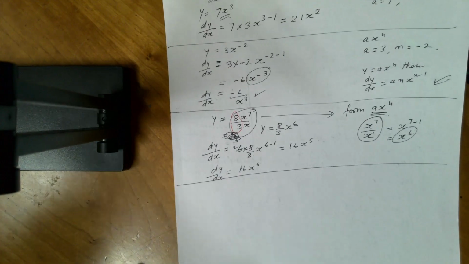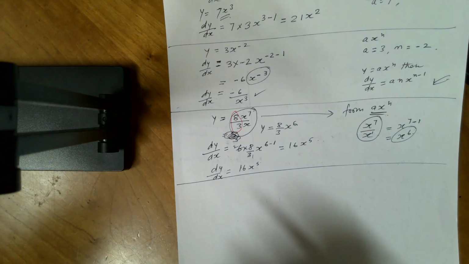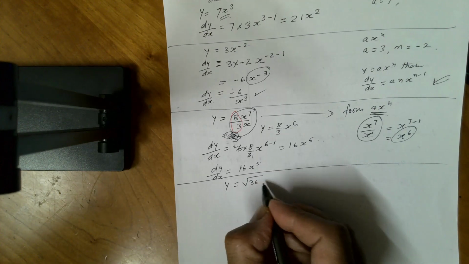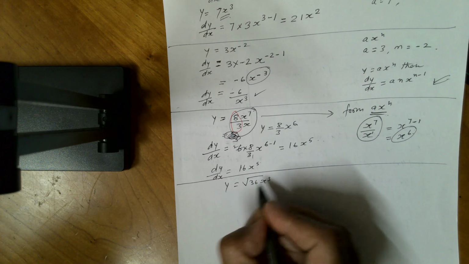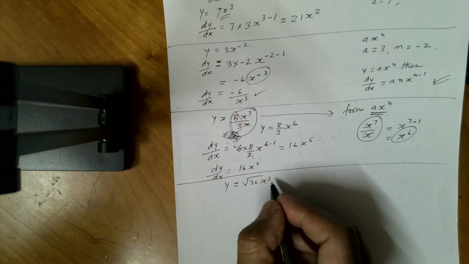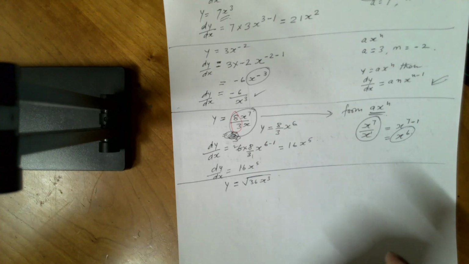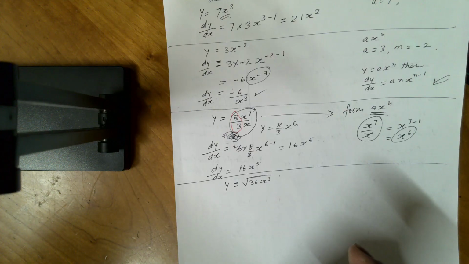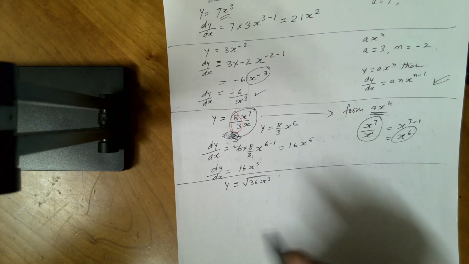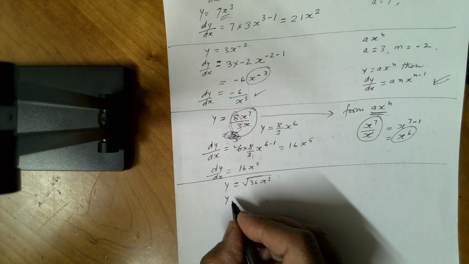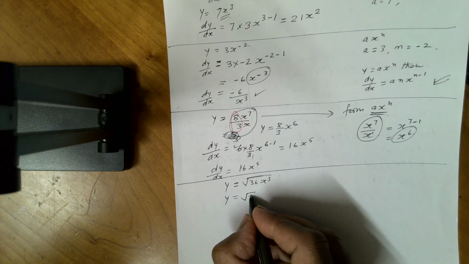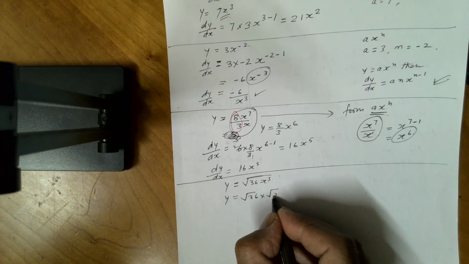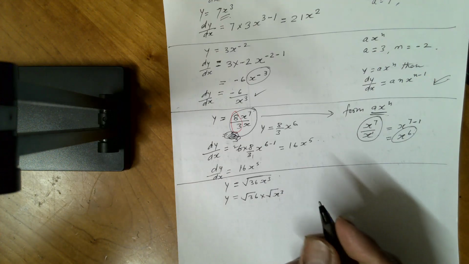Right, let's take another example here. Let's say you have y equal to the square root of 36 x cube. So you simplify that first before you apply the rules. You can write this as the square root of 36 multiplied by the square root of x cube.